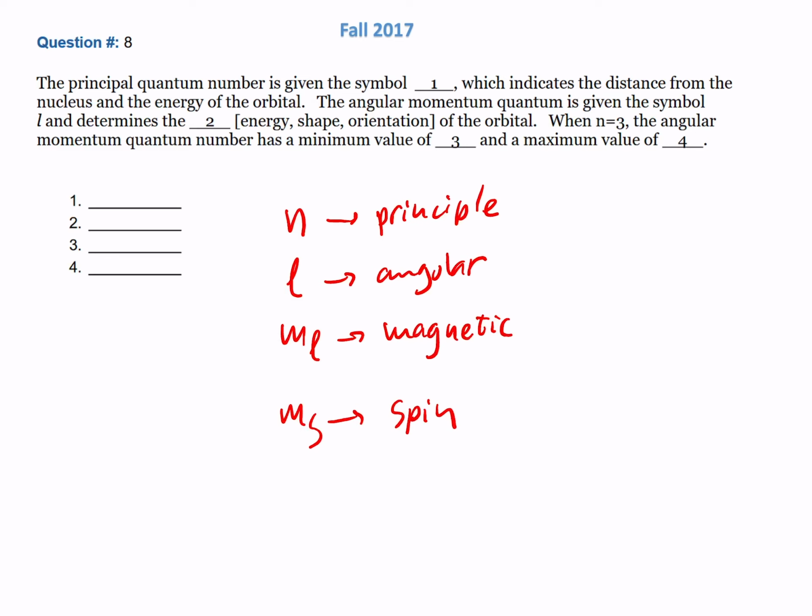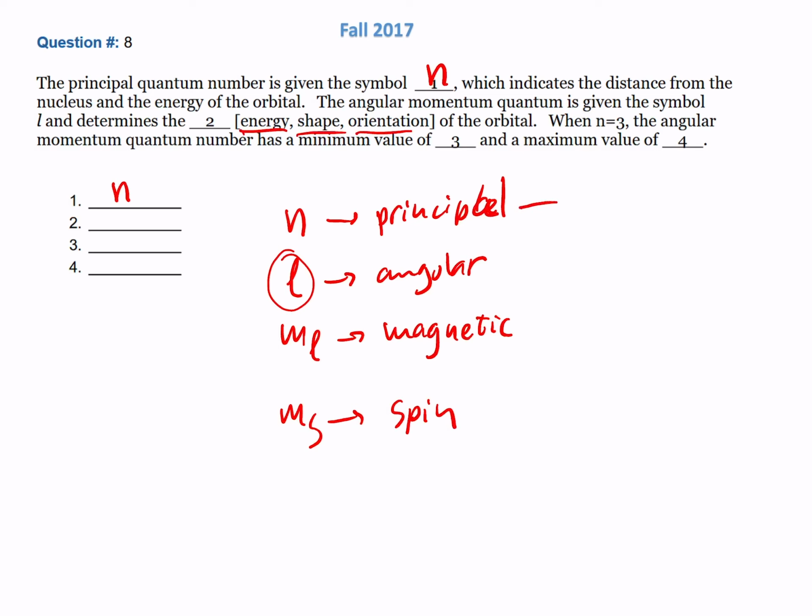The principal quantum number has a symbol of n, so this is the first blank, which indicates the distance from the nucleus and the energy of the orbital, the main energy for that matter. The angular momentum quantum number is given the symbol of L, like we are showing here, and it determines shape.